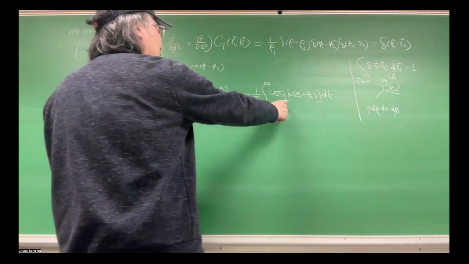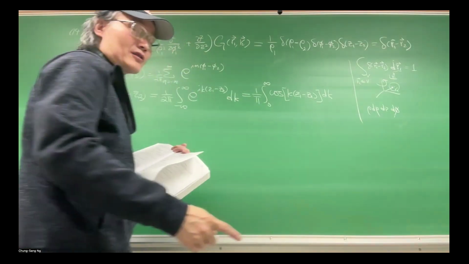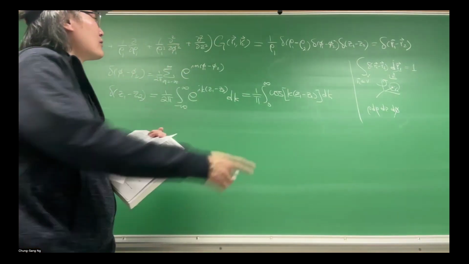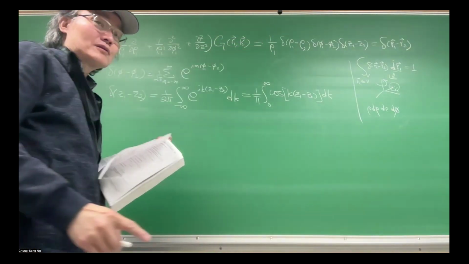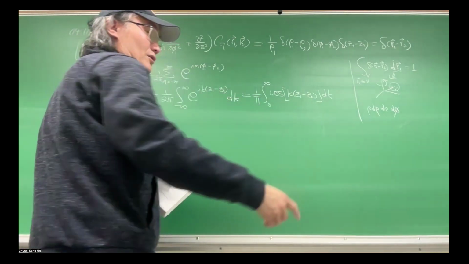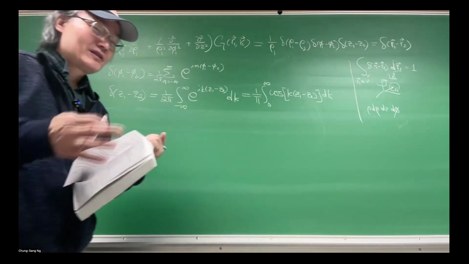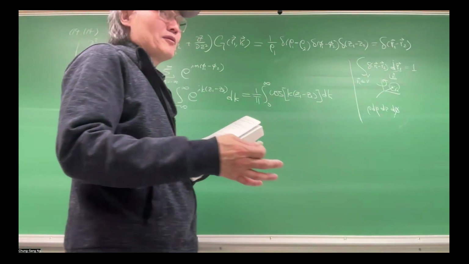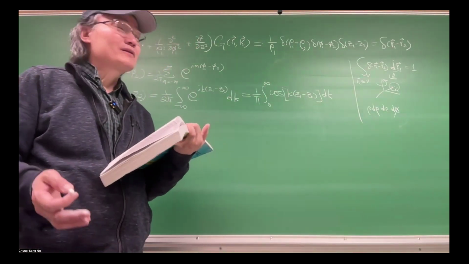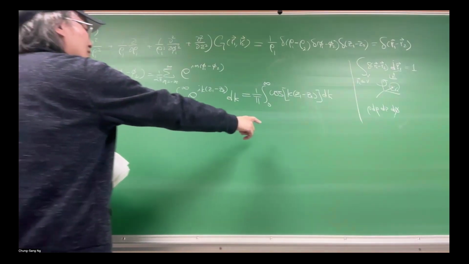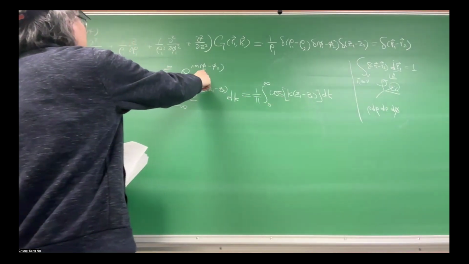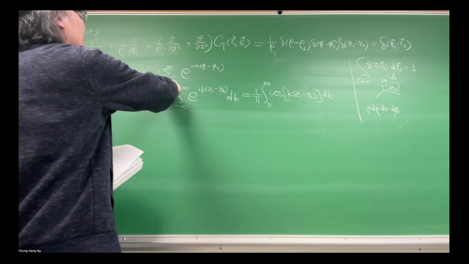But using this form, the argument of the Bessel function becomes always positive, because rho is always positive, and k is also always positive. Then you don't need to worry about positive or negative arguments for the Bessel function. Okay, so that's this form. That's a similar thing to the m here.